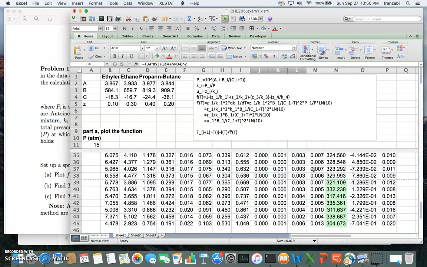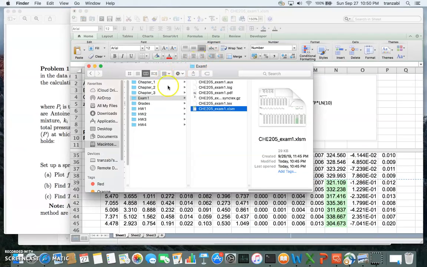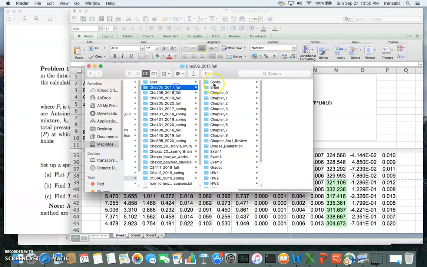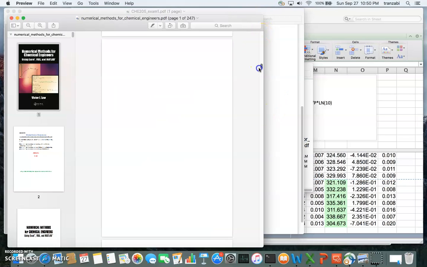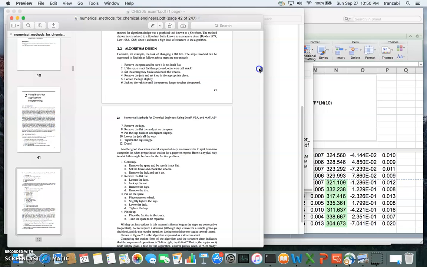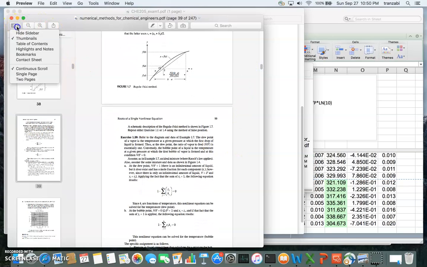Alright? So, just to remind you, that was exercise 1.10 of the textbook. Let me go back and show you one more time that this is part of the textbook exercises. I'm going to go to the end of chapter 1 exercises.